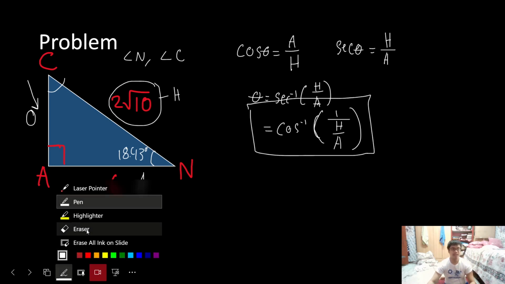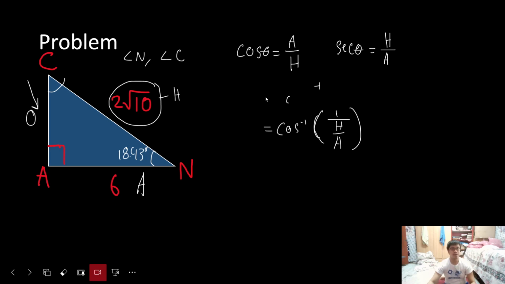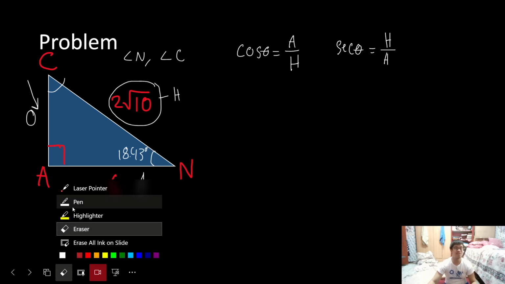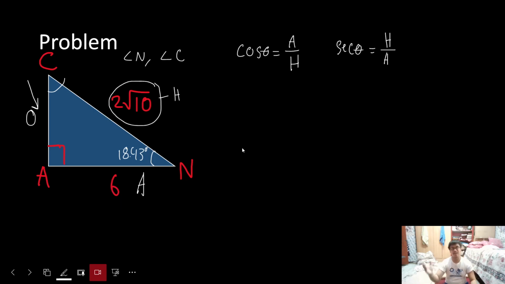All right. Now let's find your angle C. So I taught you the second technique, right? That's the technique that I will be doing here because it's far more convenient than using the trigonometric ratio. So with that, let's apply the second technique. We have two given angles already. We have the 90 degrees and we have 18.43 degrees.